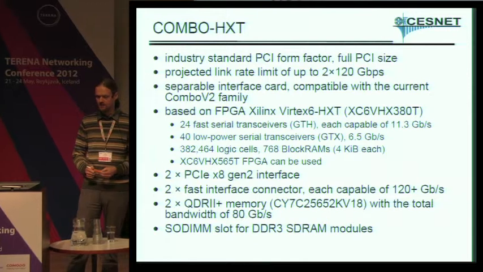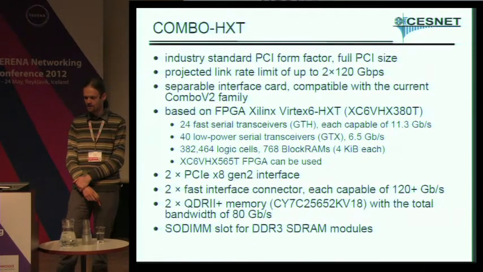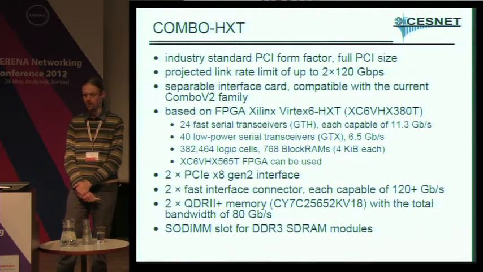COMBO-HXT is our projected card. It's a PCI Express card, full size, with the projected link rate up to 2 times 100 gigabits per second. It consists of 2 cards.